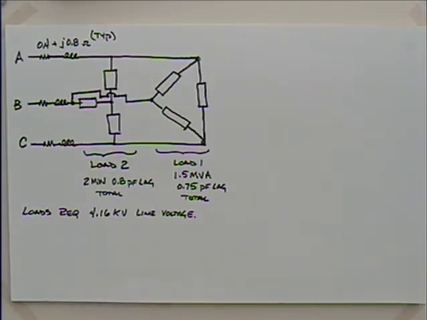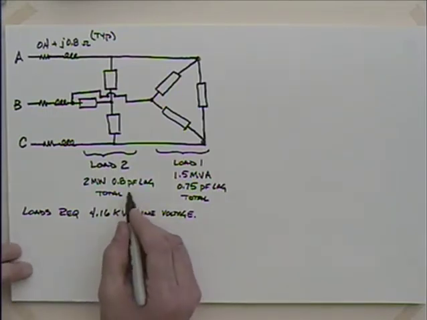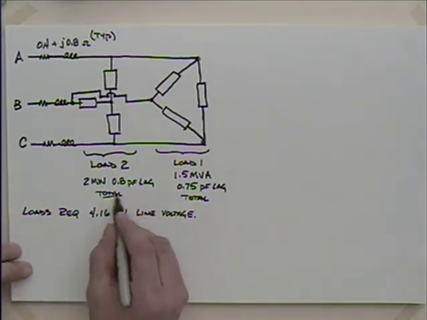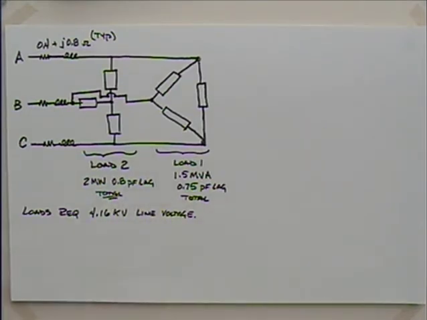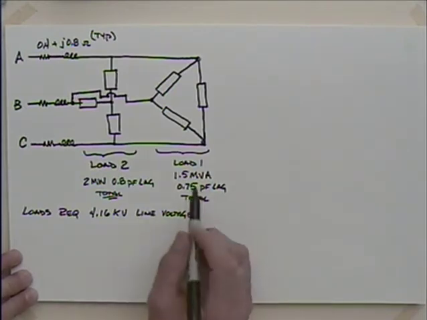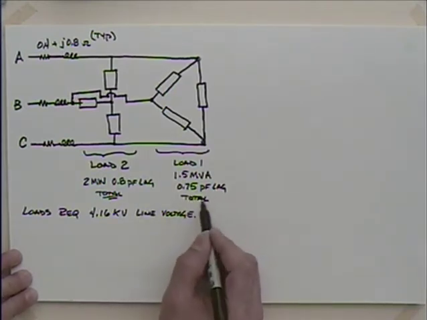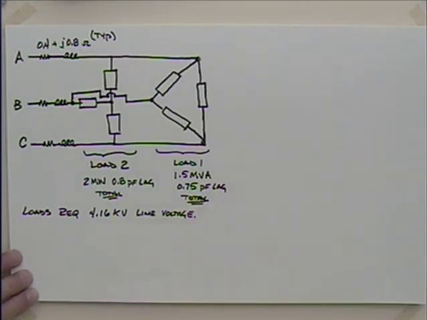And we have two loads. It looks like load 2 is a Y-configured load. It looks like load 1 is a delta. With load 2, we've got 2 megawatts at 0.8 power factor lagging, and that's total for all three phases. And then load 1 is 1.5 megavolt amps, 0.75 power factor lagging, and again, that's total for all three phases.